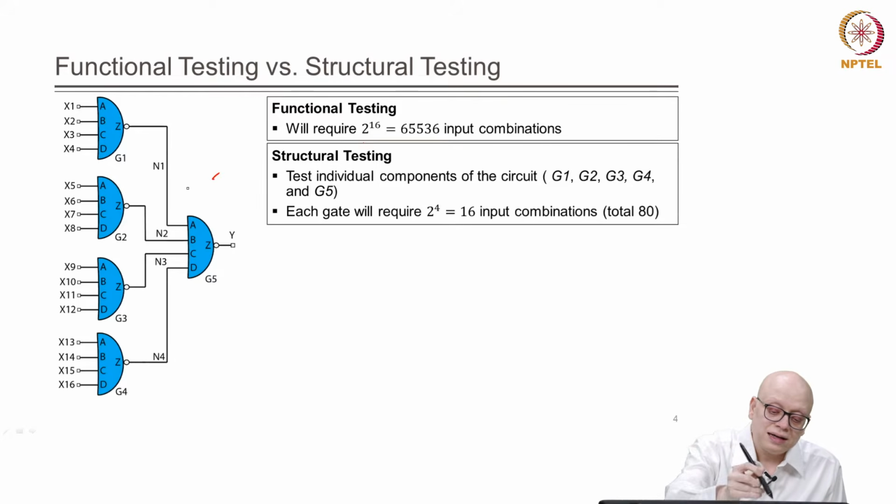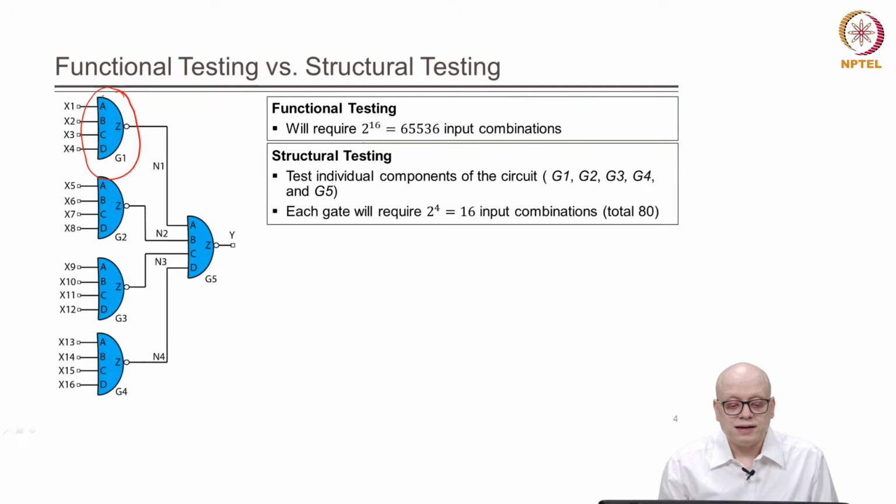Now, to test one of the gates, suppose we want to test G1. This is a NAND gate, and it has 4 inputs. If we want to just test this NAND gate, how many test vectors will we require? Since the number of inputs is 4 for the NAND gate, we will need only 2 to the power 4, or 16 input combinations.